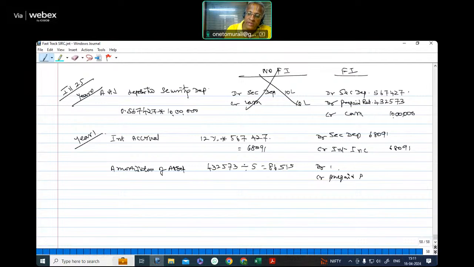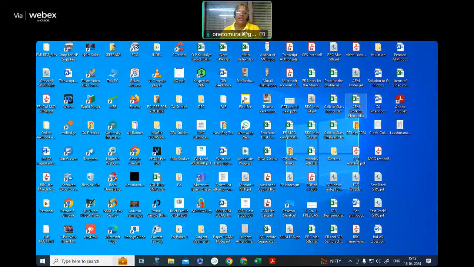Debit rent, credit prepaid rent, 86,515. And there will be no amount of cash paid or received till that maturity. Now, whatever we have just done, I would like to put them in the form of Excel.